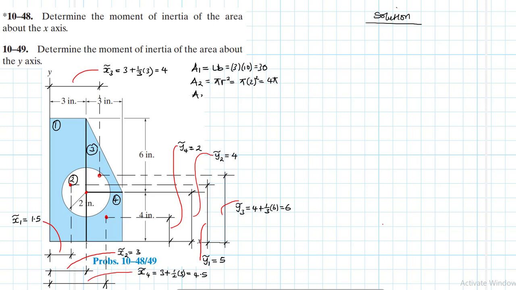And then area 3 is equal to half BH, which is half, B is 3, H is 6. So 2 into 6 is 3, 3 by 3 is 9. And then finally we have area 4. Area 4 is a rectangle, L times B, which is just equal to 3 by 4. This gives us 4.